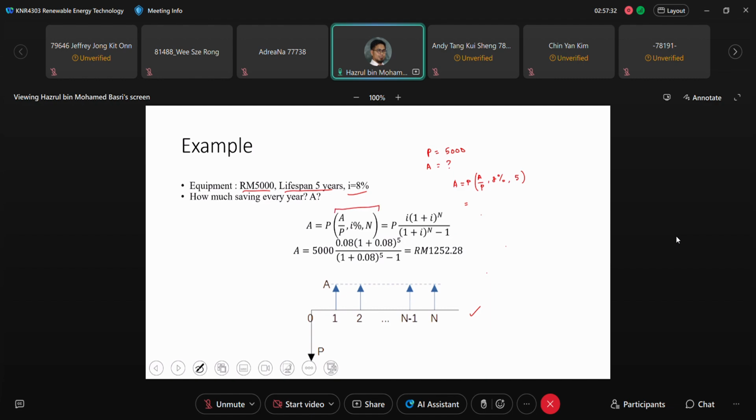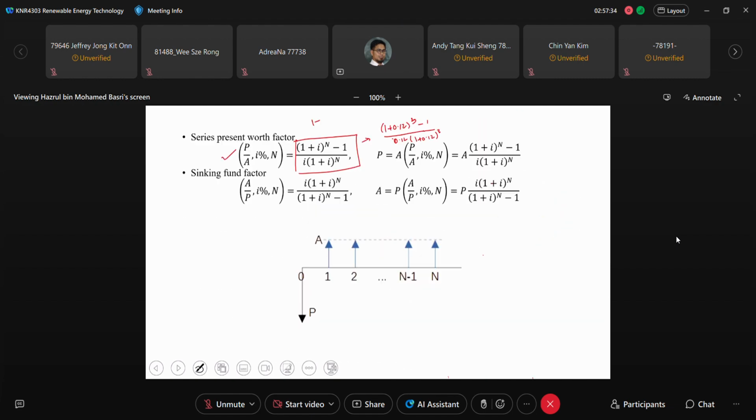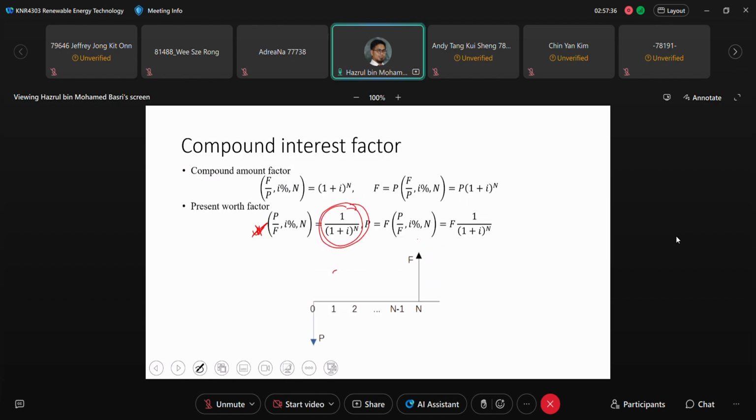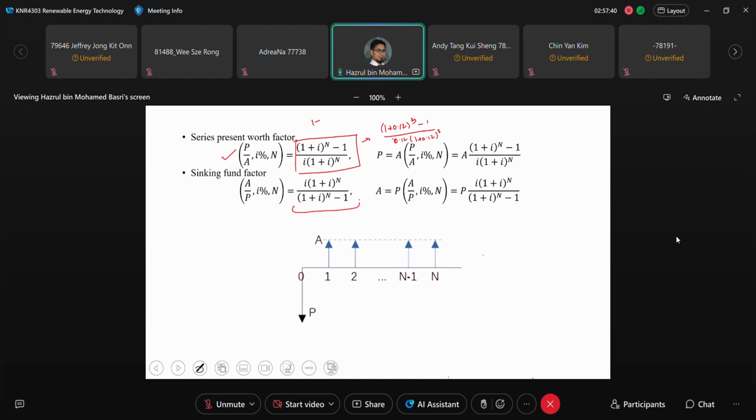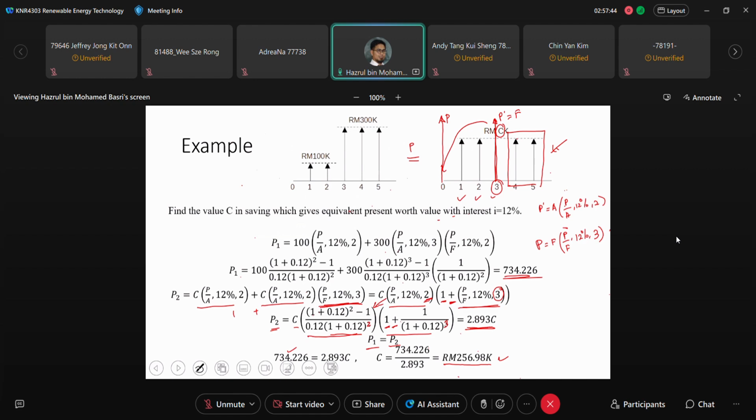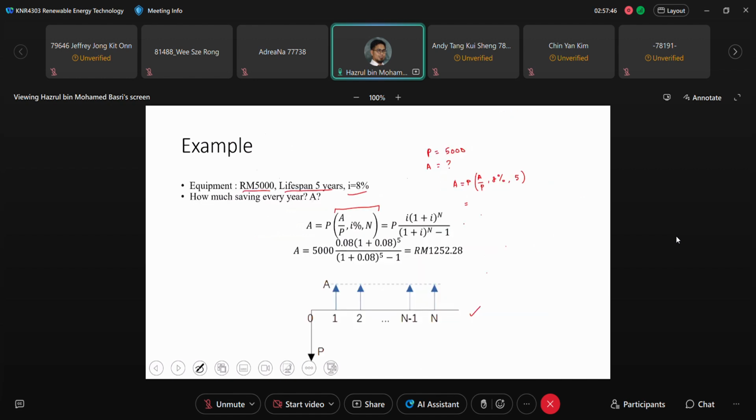So if you refer to the previous slide, A over P, hold on, A over P, yeah, this one. This is the formula. So what I'm going to do, I'm just simply copy this formula and paste it over here. So P is equal to 5,000. I is equal to 8%, which is 0.08. 1 plus I, 1 plus 0.08.